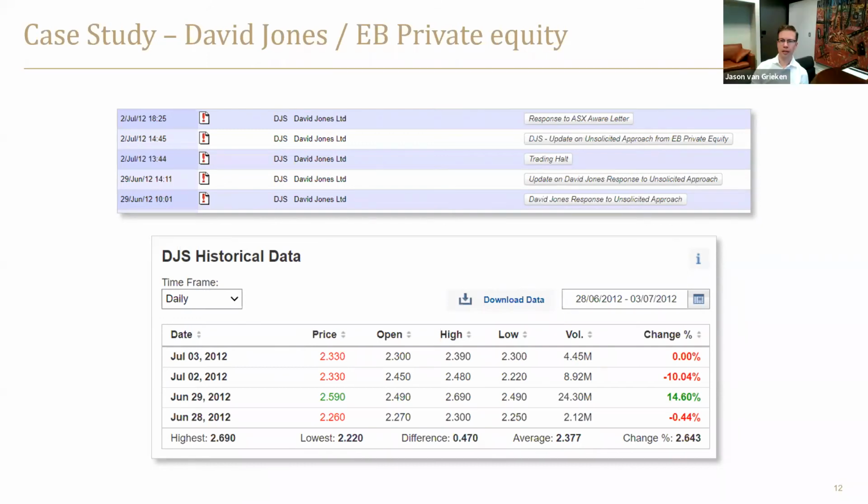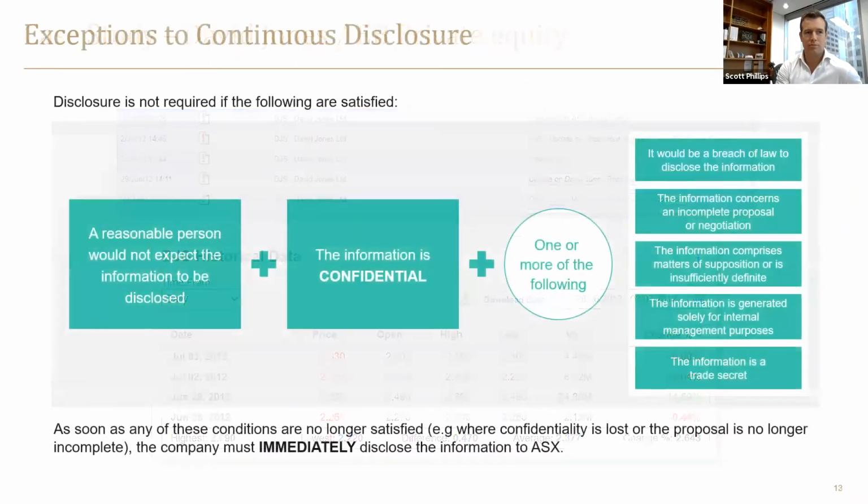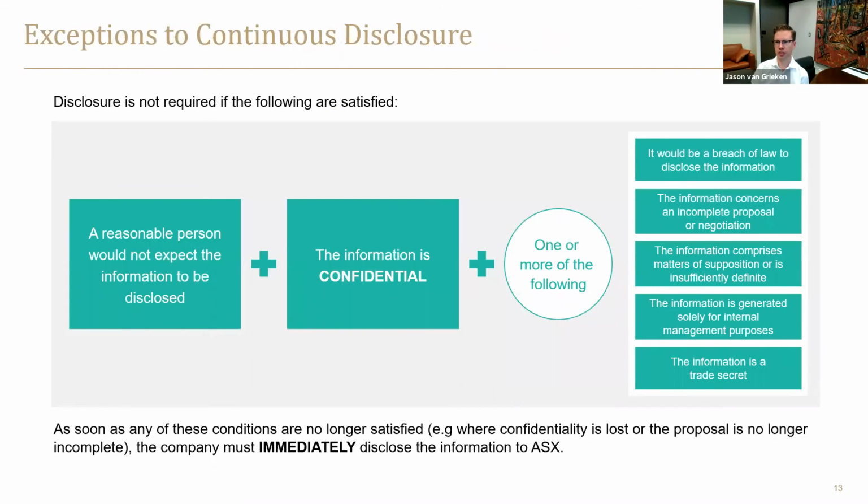Yeah, and on that, Jeremy, maybe it's worth flicking to the next slide. I think there are a whole bunch of exceptions that a company can rely on, which allow a company not to disclose. In the David Jones scenario, I think the real tension would have been the threat that it would be released on a blog, and so the optics of being seen to be behind the message rather than in front of the story.